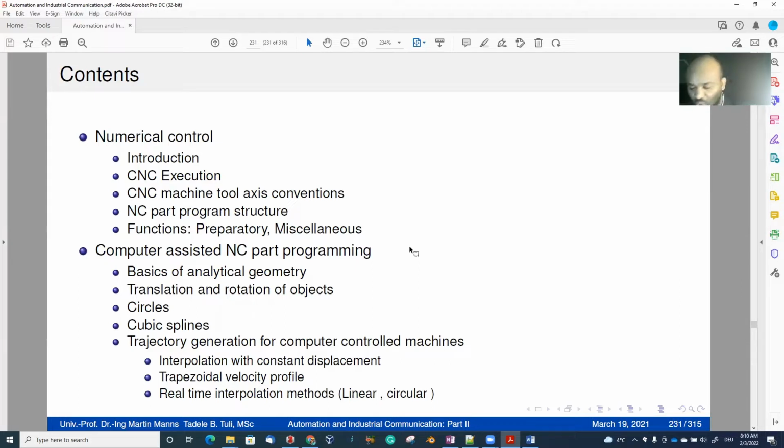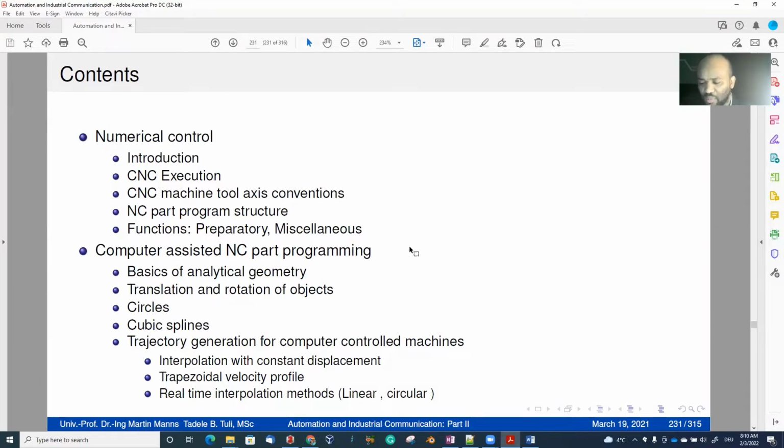So we have a tool. It is a process of maybe material removal, some sort of subtractive manufacturing, or it could also be additive manufacturing, like in 3D printing.